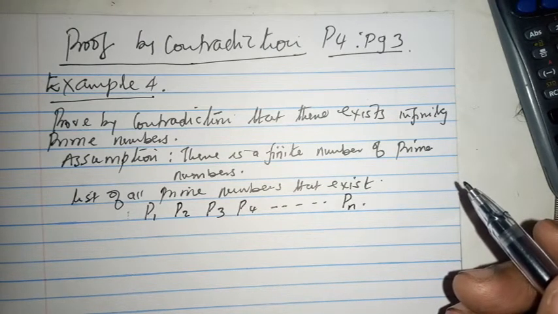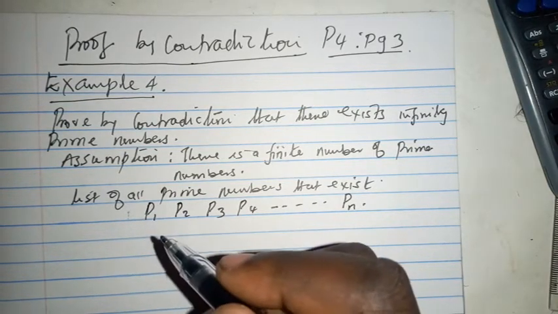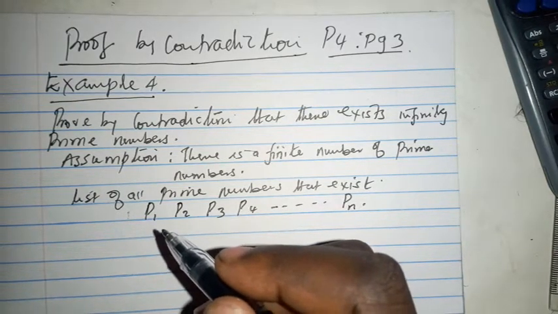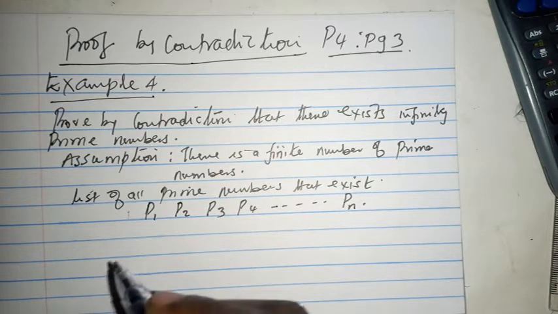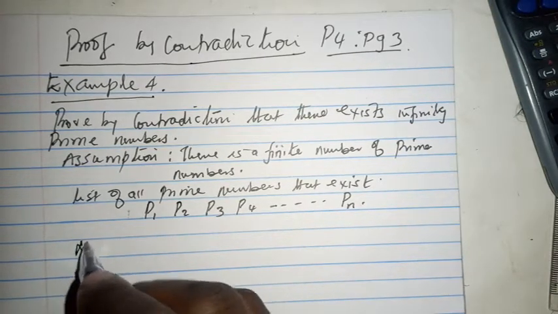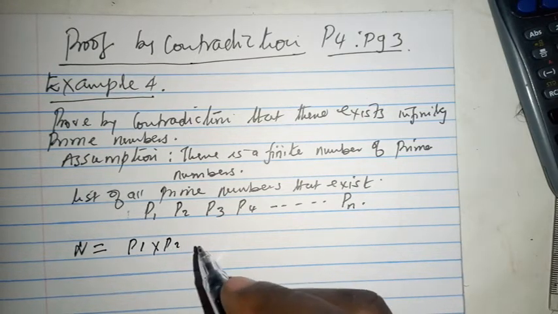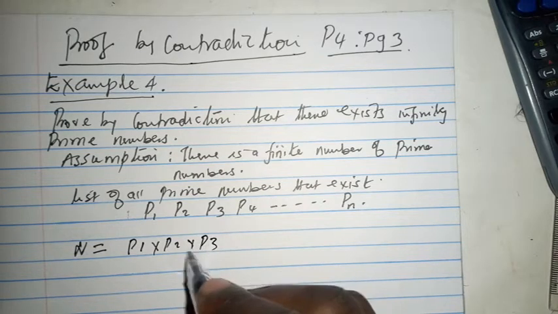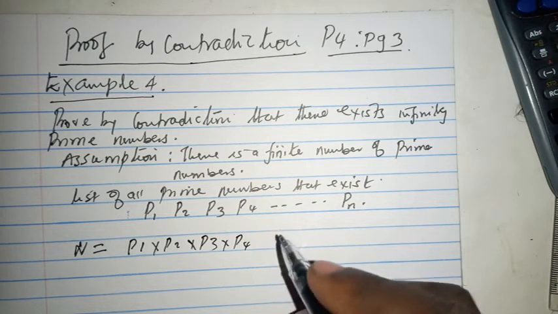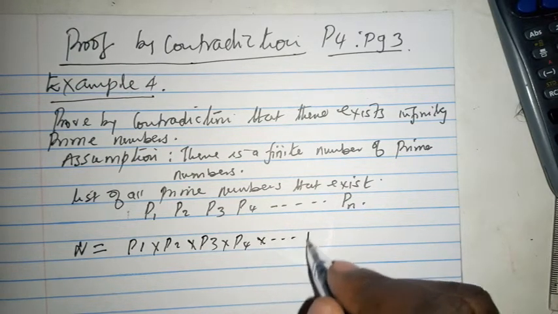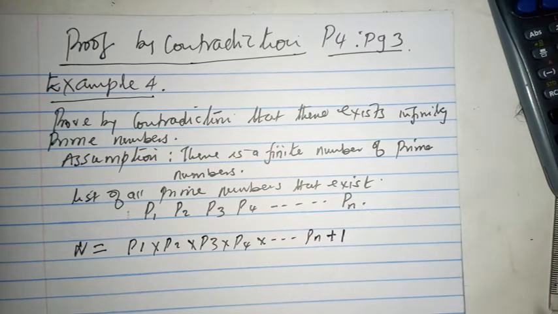We don't know the value of n. And of course, a prime number is a number that does not have any divisor apart from 1 and itself. If you consider a number N, which is the product of all these, p1 times p2 times p3 times p4, all the way to pn, and then we add 1.